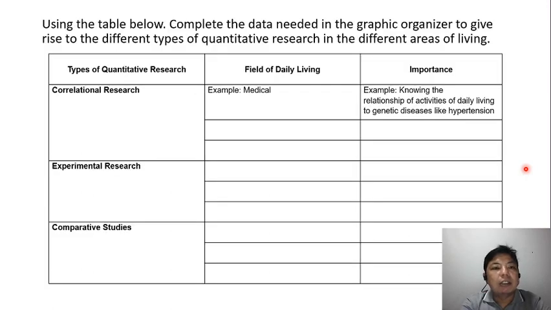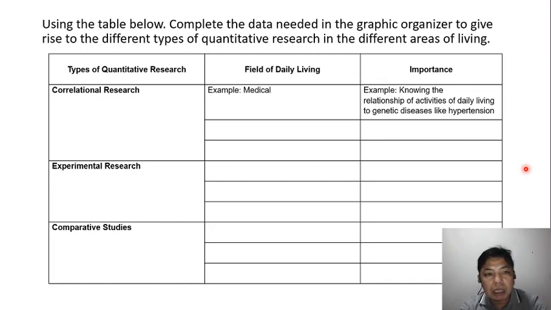Okay. Now, let's proceed with your next activity. Now, using the table below, complete the data needed in the graphic organizer to give rise to the different types of quantitative research in the different areas of living. So, in this particular activity, ang gagawin nyo dito is, you're going to use the type of quantitative research.